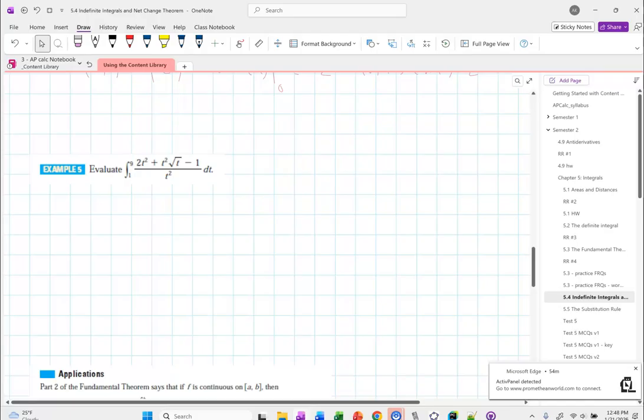What about this guy? Again, I notice it's a definite integral, right? So the answer is just a number. But the function that I'm asked to integrate is a fraction. How am I going to deal with it? Yeah, good.